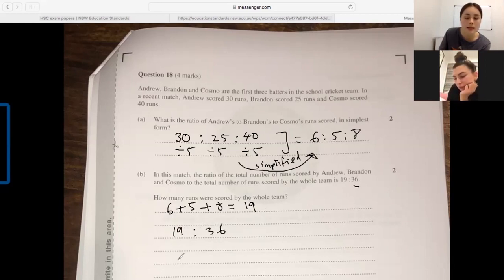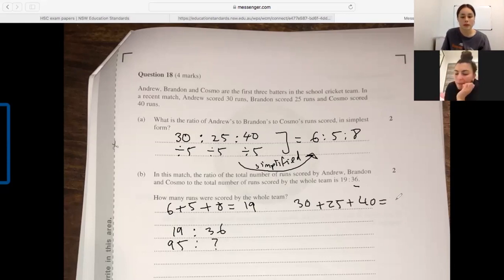So 19 is equivalent to the 6 plus 5 plus 8, and so the original runs are 30 plus 25 plus 40, which equals 95. Instead of dividing by 5 to simplify, we have to go from simplified back to the runs.